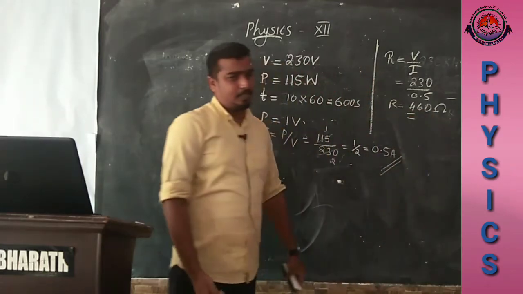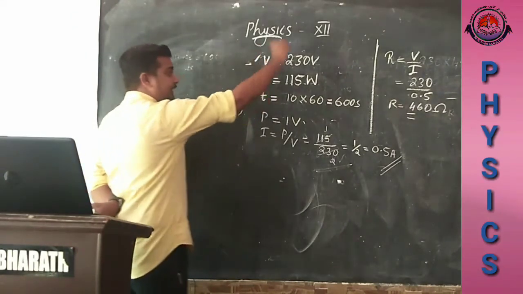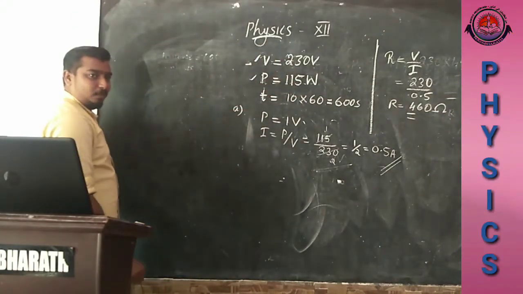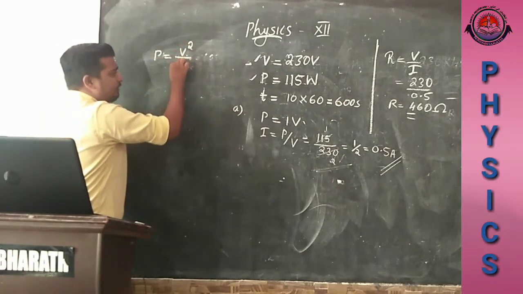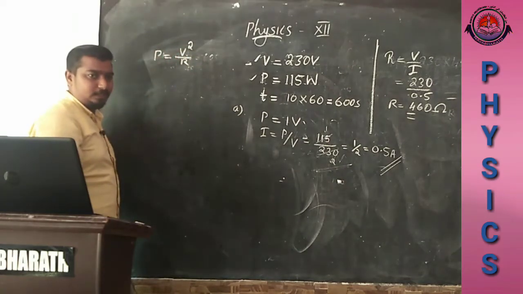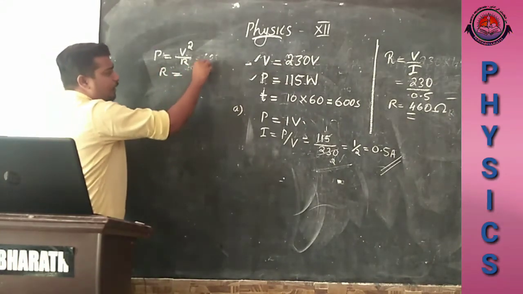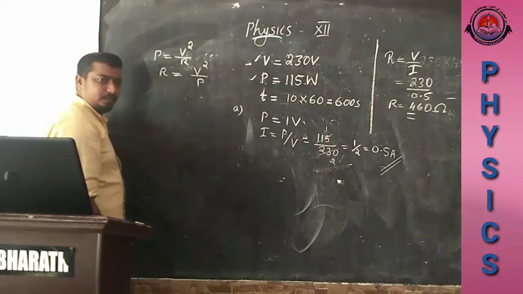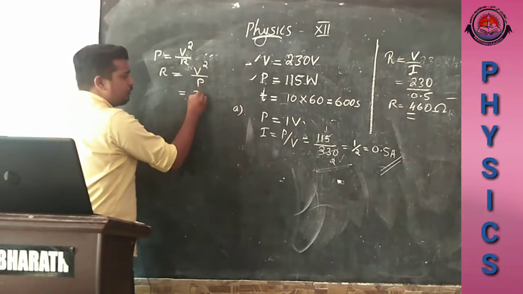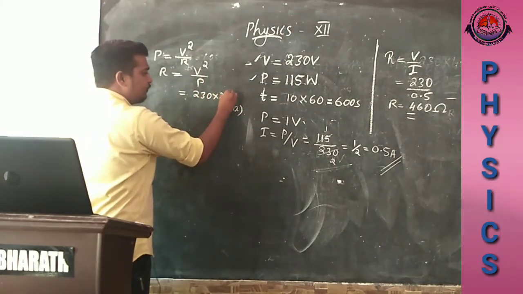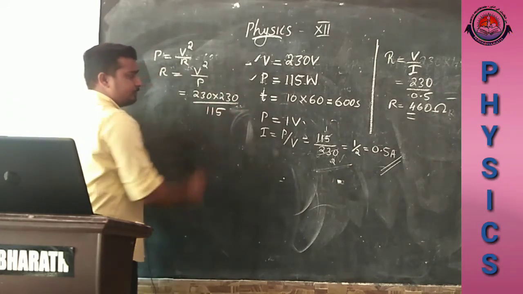This is one method, and another method is by using power and voltage. We have the equation P equal to V square by R. From this, what is R? R equal to V square by P. Here substituting that value, 230 square, that is 230 into 230 divided by 115.